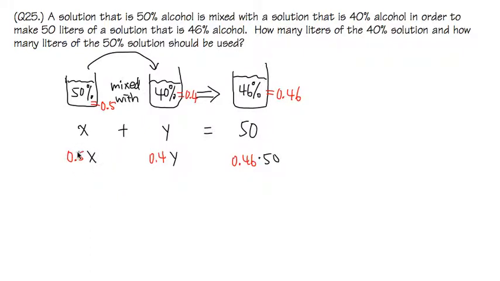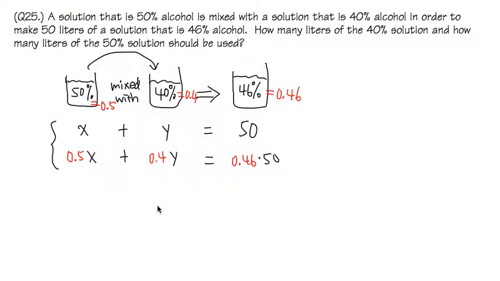So this part is the actual amount of alcohol from the first solution, and this is the actual amount of alcohol from the second solution. Altogether, this should be equal to the actual amount of alcohol of the final solution. So I'm going to add them together and then set that equal to this. So this is how you begin with this question.